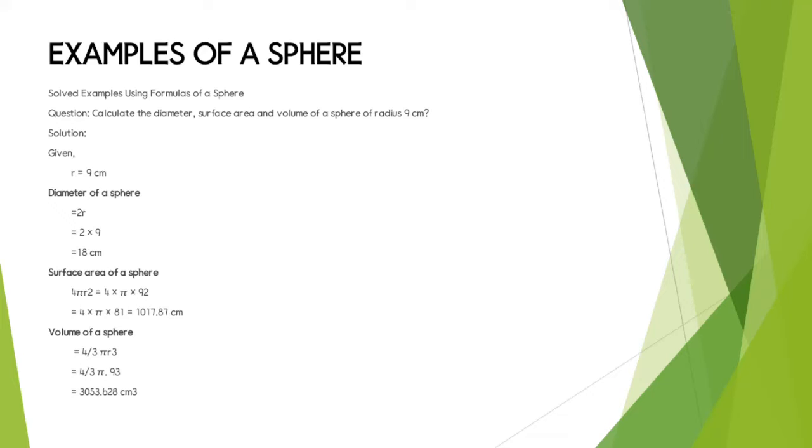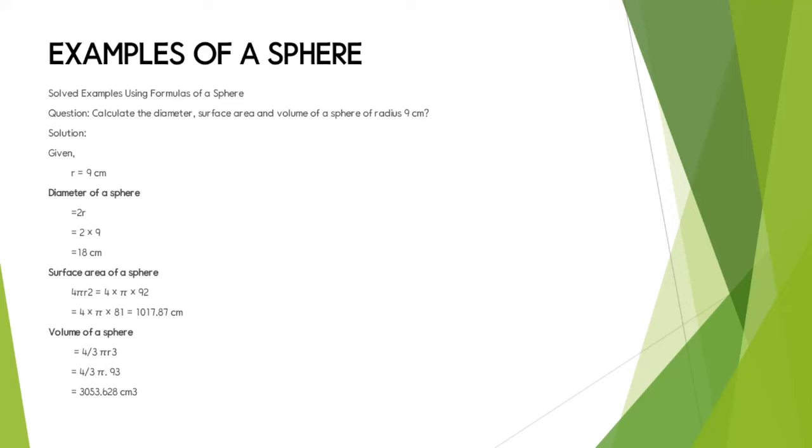Our diameter of a sphere is equal to 2 radius, and we will use it to multiply with the 9 cm. So we've come up to the answer 18 cm. And for the surface area of the sphere, we're going to use the formula 4 pi r square. It's equal to 4 times pi times 9 squared.